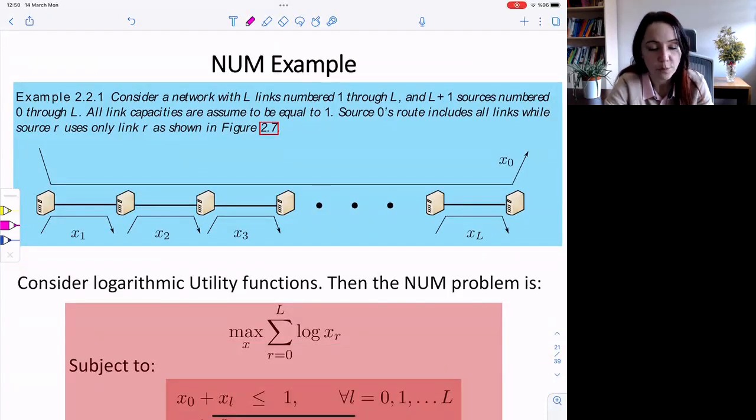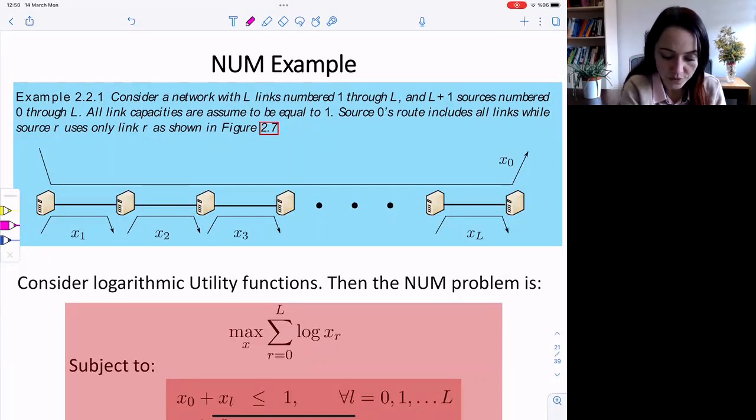First of all, let's see an example of this network utility maximization problem. Consider a network with L links numbered 1 through L and L plus 1 sources numbered 0 through L. All link capacities are assumed to be equal to 1. Source 0's route includes all links, while source r uses only link r.